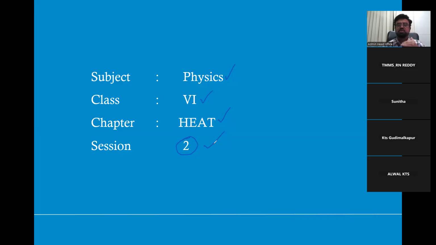But before that, let us recall what we learned in the earlier class of chapter heat. The name itself indicates you are very familiar with this word. This is heat. And when there is heat, another important word will come: temperature. So in the last class, we discussed these two topics. Heat is responsible for the temperature raising or lowering.